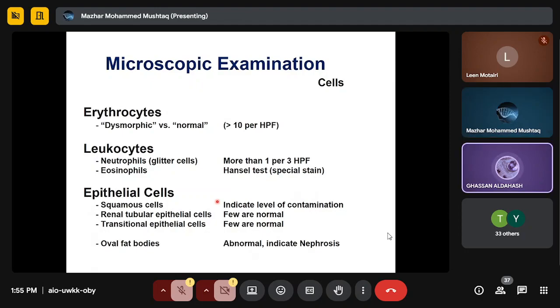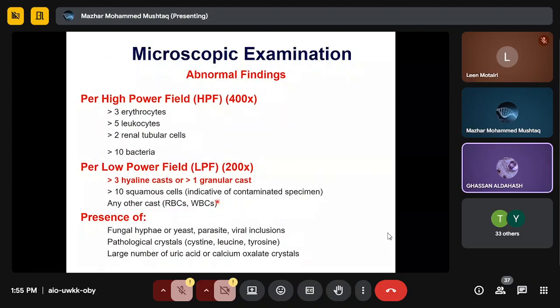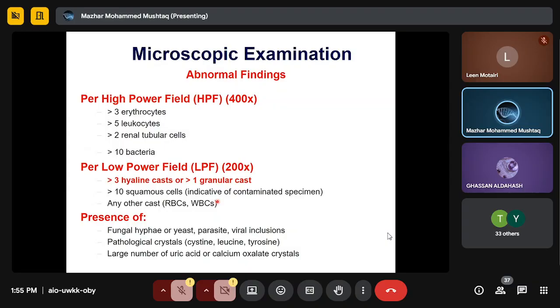Yes, but if you go back a slide, it says more than 3 leukocytes, so it is a bit confusing. Here it is written 3 erythrocytes. Normally, if it is 3 in the high power field, that is okay.